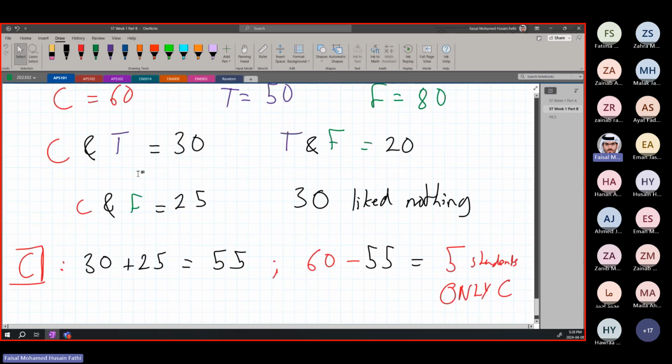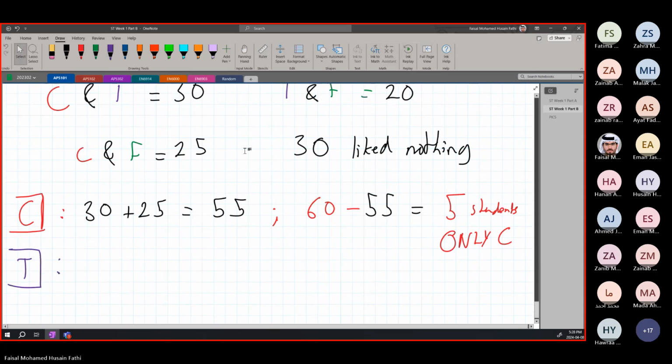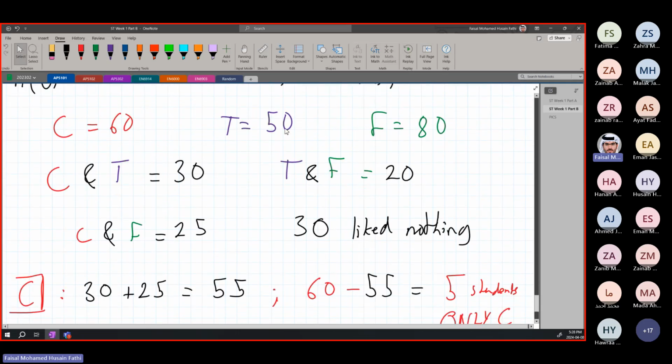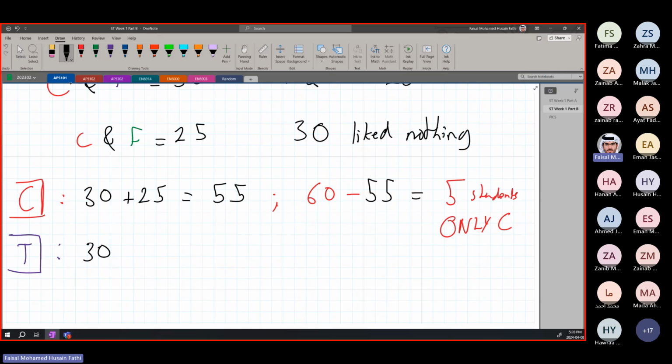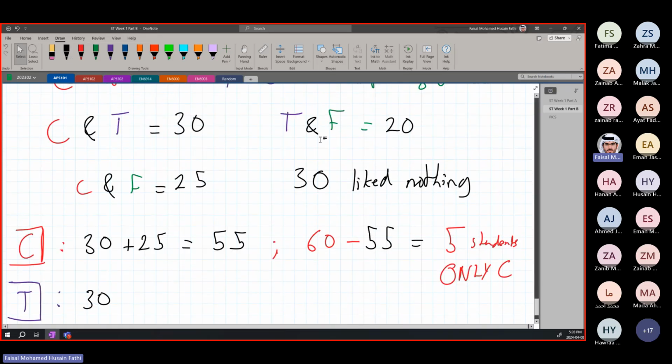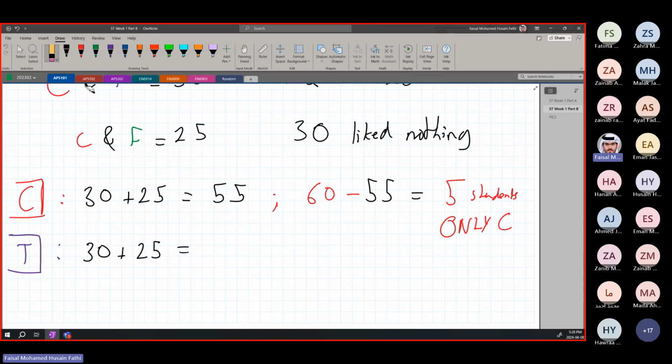We can do the exact same concept for each one. So let's go for T now. For tennis, we have 50 students in total. We know that 30 of them like tennis and cricket, and 20 of them like tennis and football. How much will this be?